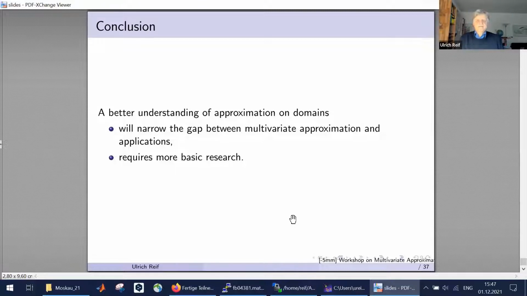Domains have some shape, and we should use the power of splines for these situations, but only a better understanding of the underlying theory will narrow the gap between approximation theory in theory and approximation theory in practice.